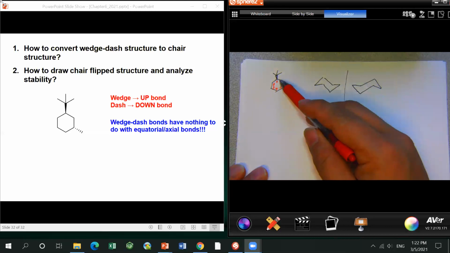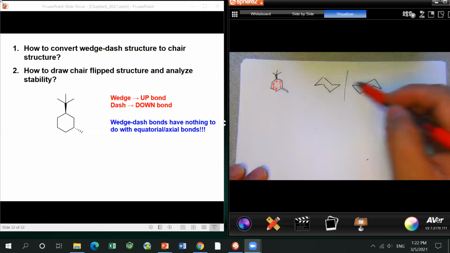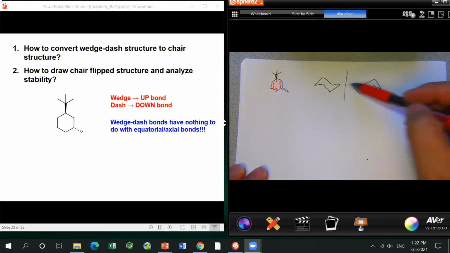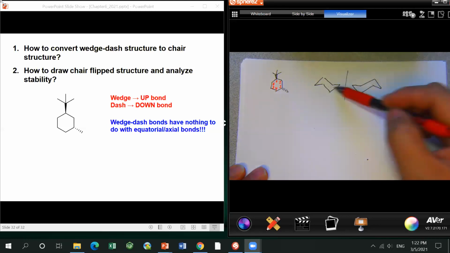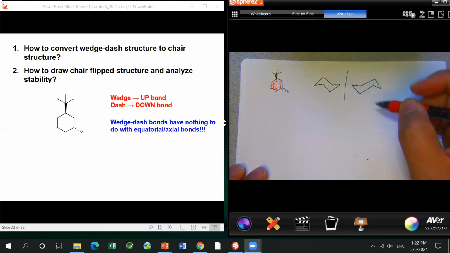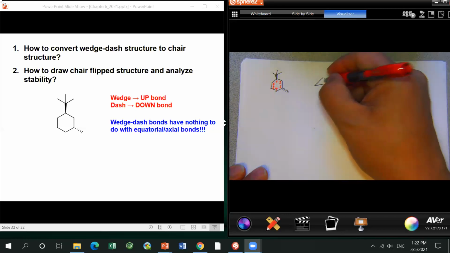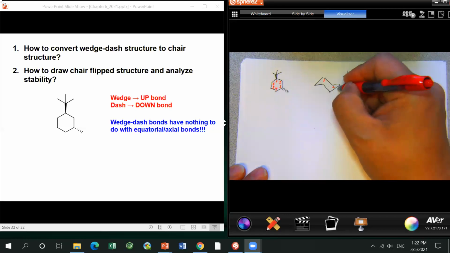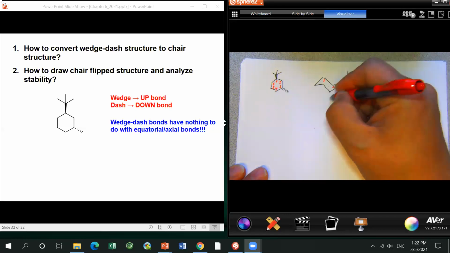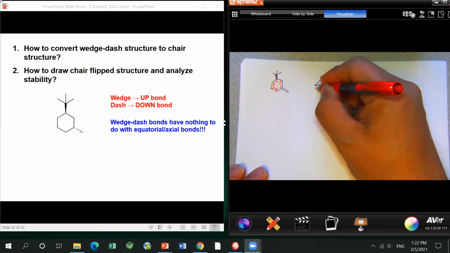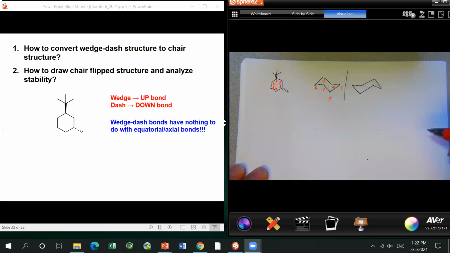For example, I numbered clockwise, so when you number these two, also go clockwise. Also, for these two chair conformations, you have to mark the same corresponding positions. Don't do a mirror image. Let's try to number from this carbon: that's carbon 1, and then clockwise, 2, 3, 4, 5, and 6.